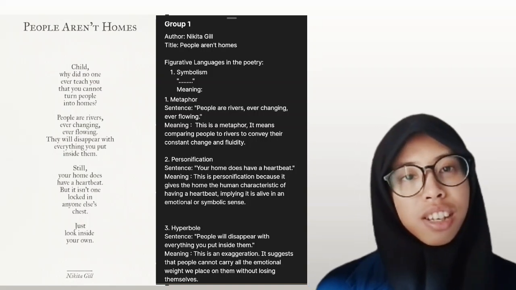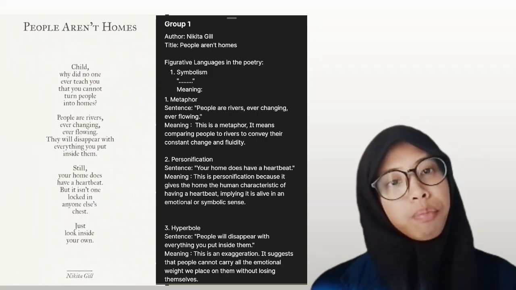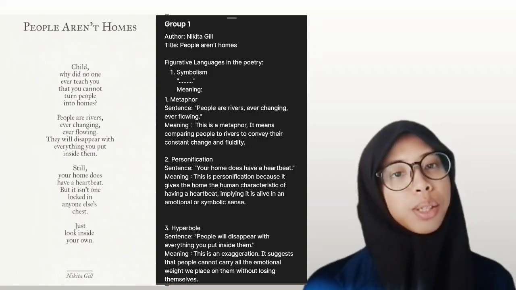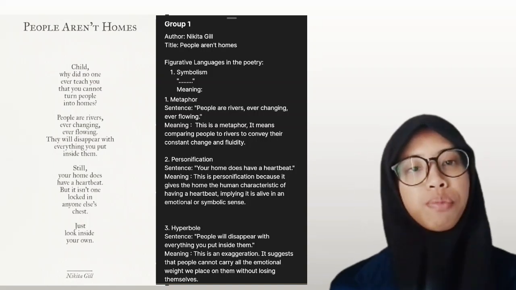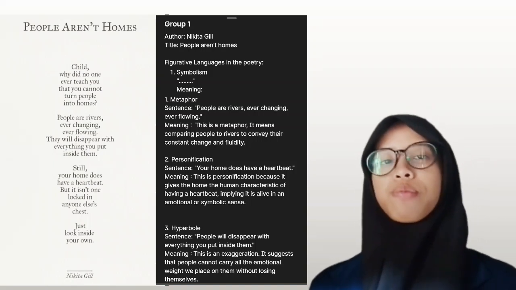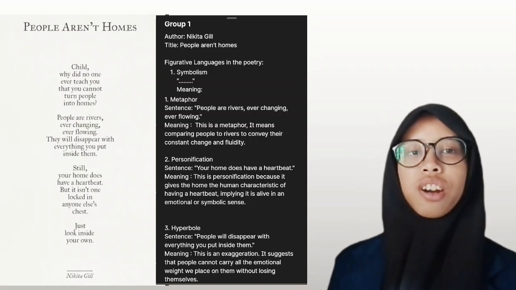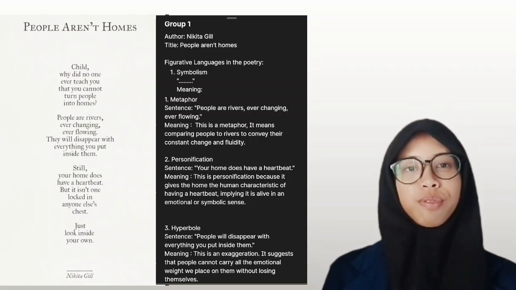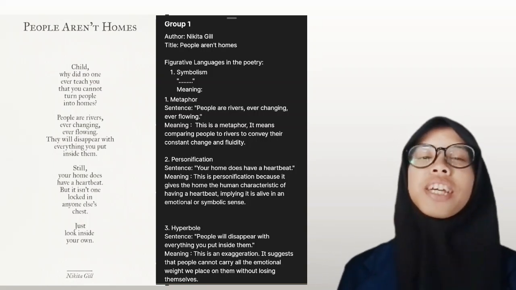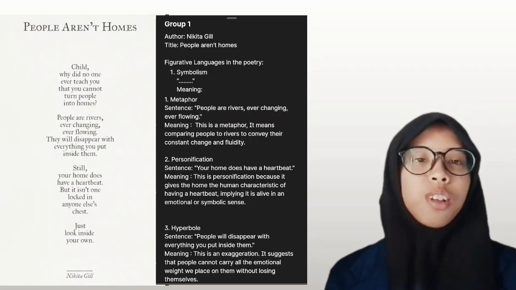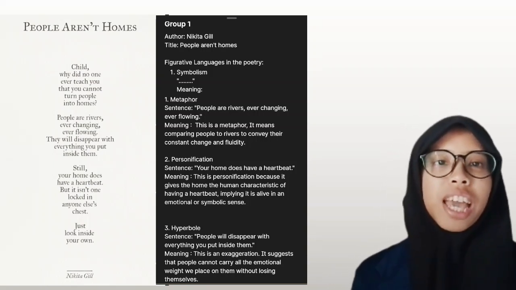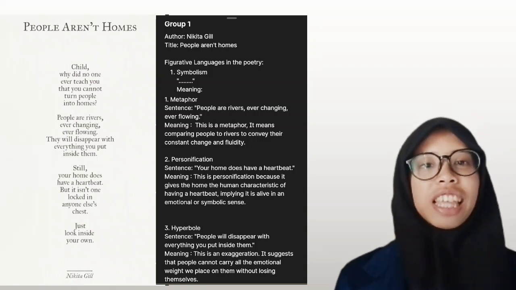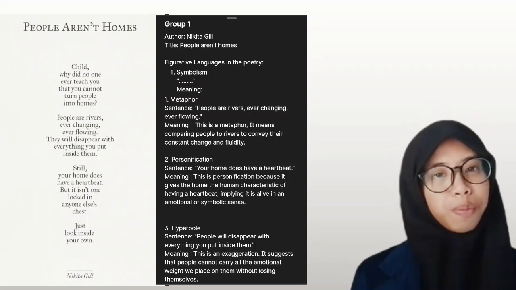This suggests that people cannot carry all the emotional weight we place on them without losing themselves. What do you think, guys? Is that correct? Yeah, it's correct, because the language used is hyperbole, just to define that people cannot be your place to rely on. It's kind of an exaggeration. That's actually very good, Group 1.